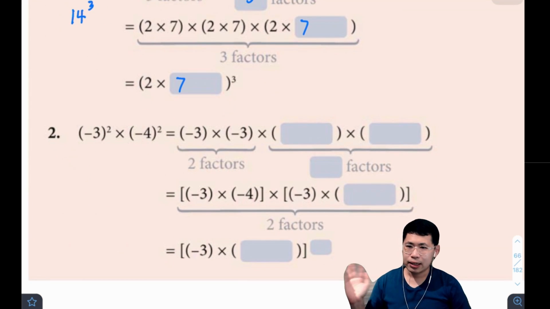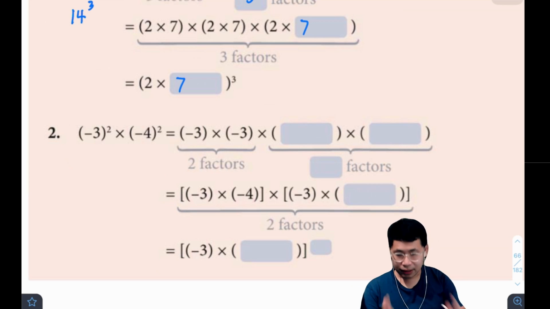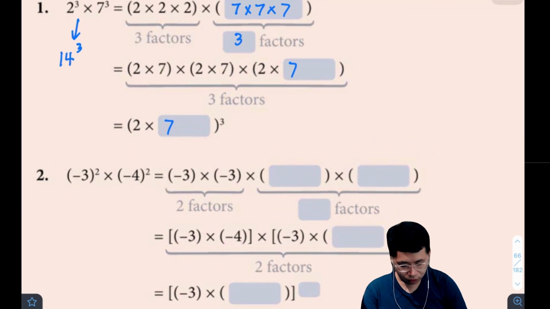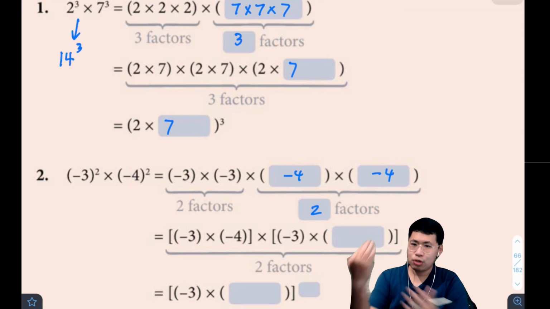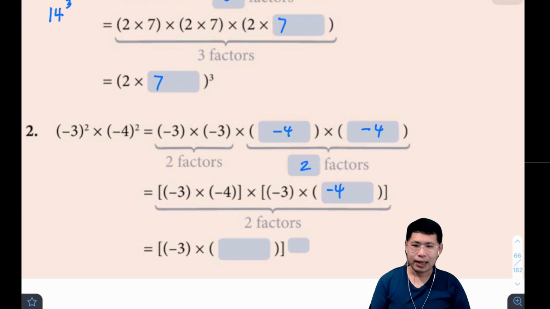So we have negative 3 squared and negative 4 squared. Negative 3 squared is negative 3 times negative 3. Negative 4 squared would be negative 4 times negative 4. 2 factors each. Because we're multiplying, we can rearrange them into one set and a second set. One set of negative 3 times negative 4 and the second set as well.